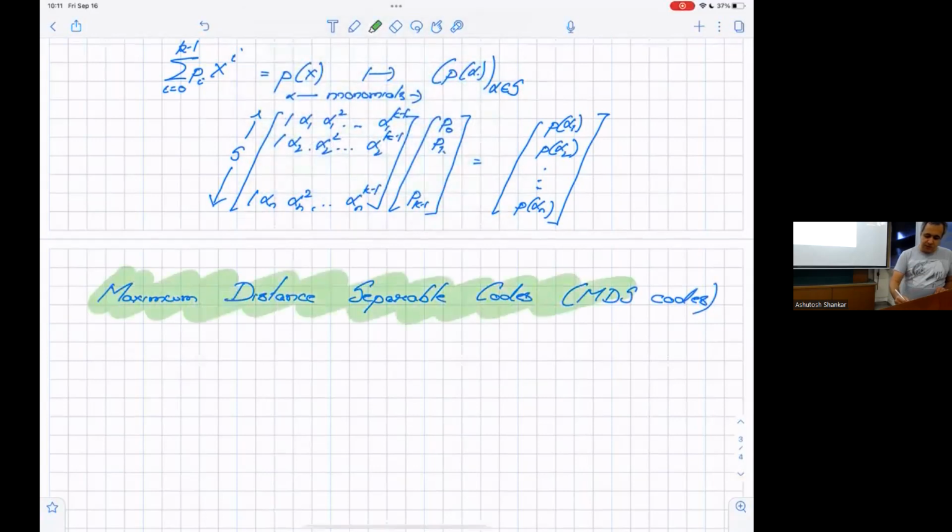What is an MDS code? An MDS code is just a code that achieves the Singleton bound. That's the definition. A code is said to be MDS if it achieves the Singleton bound.